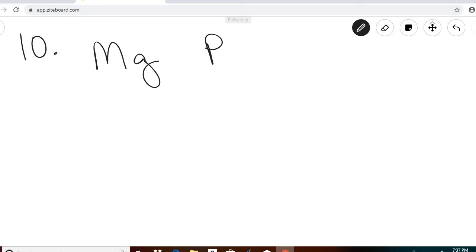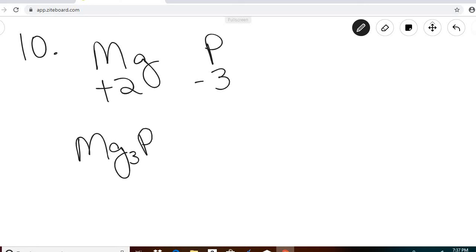Magnesium is in group 2A, so it will give up 2 electrons, so it will have a positive 2 charge. Phosphorus is in group 5A, so it will gain 3 electrons, and so its charge will be negative 3. And then in writing the chemical formula, we switch the charges. So it'll be Mg3P2.